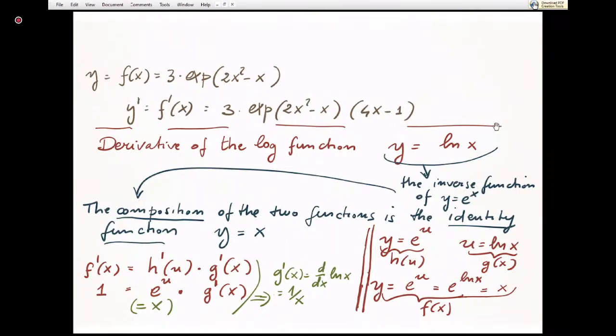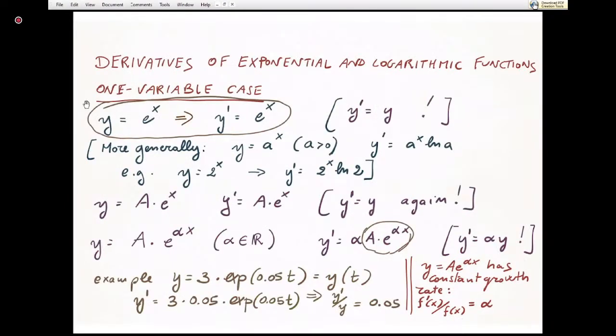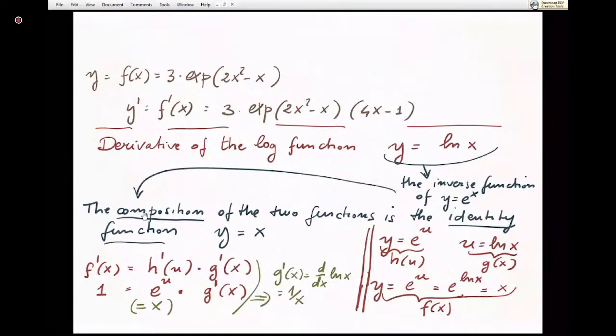And using the chain rule and the derivative that we already know of the exponential function, we can obtain the derivative of the log. Okay, so this is not important. Just if you are curious, have a look at it, because it's quite instructive on using the composite function. Anyway, what is important to me is that you know the rule for computing the derivative of the log, which is derivative of the log of x is 1 over x.